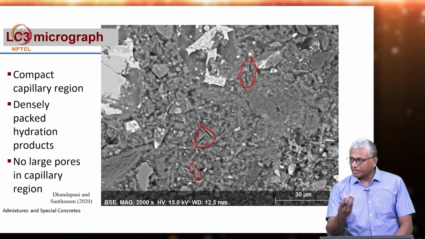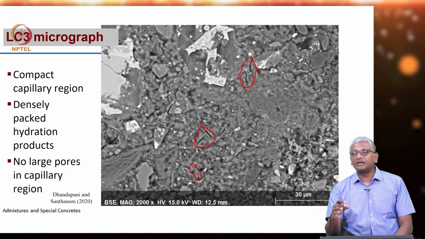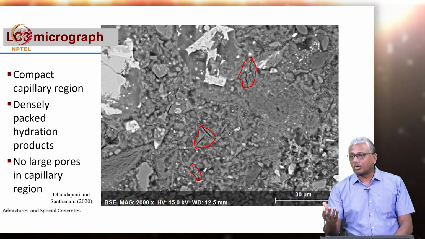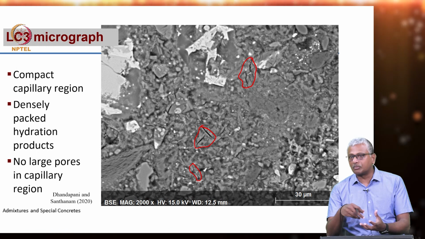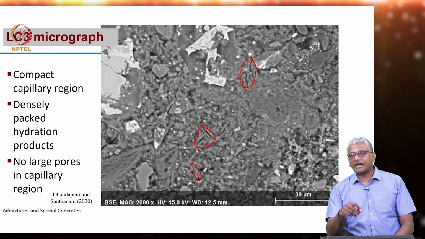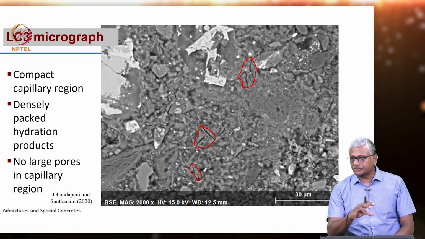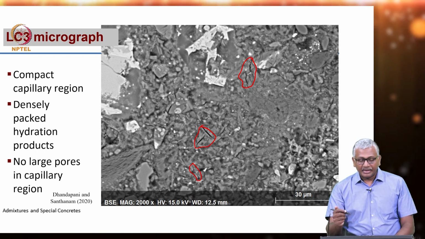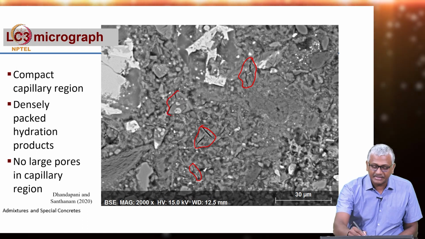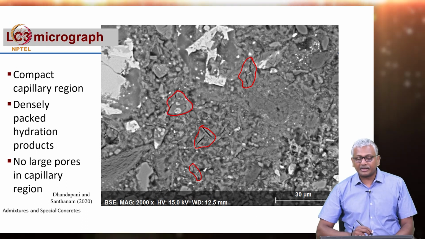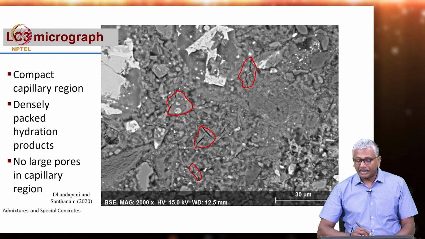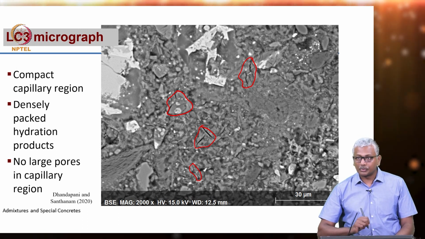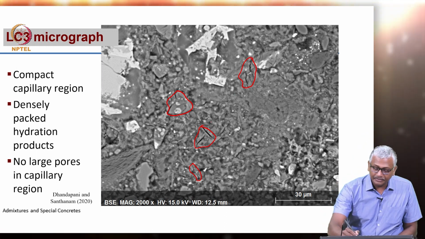Samples for backscatter microscopy are prepared by heating in an oven to remove any water that is present in the system, because if there is any water molecules, it will interfere with the high vacuum that is there in this electron microscope, right. So, we ensure that we extract all the water in the system, and because of that you have some phases that start desiccating or drying, that leads to these cracks being formed. And these desiccated phases are often, if you go closely and look at it, it is mostly ettringite.